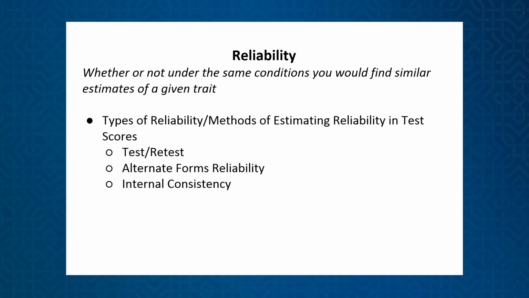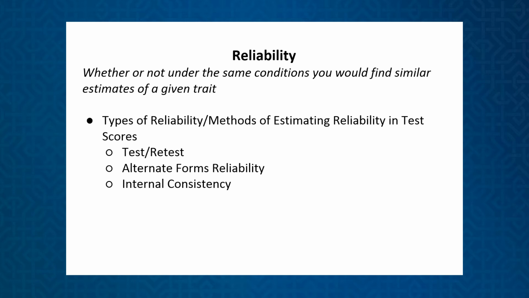So one way to deal with that is what they call alternate forms reliability, which means that if you took the SAT once, you could come back and take the SAT again, and that second time would be a different set of items. But you would still expect, if you had 100 people doing this, that the scores on the first one would correlate with scores on the second one.